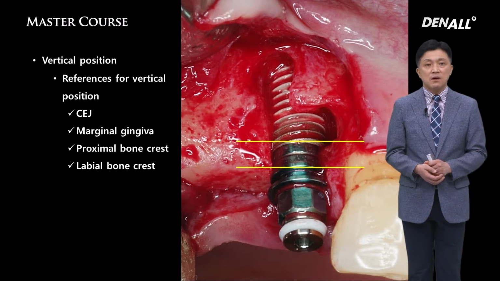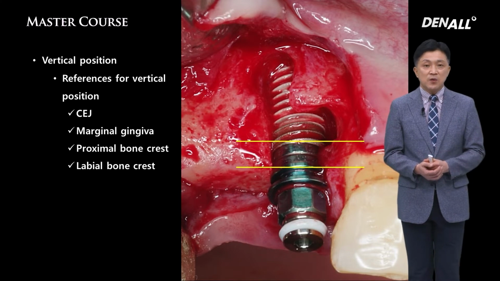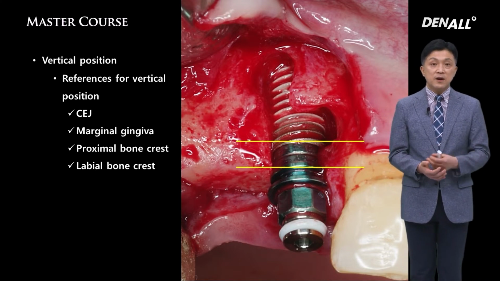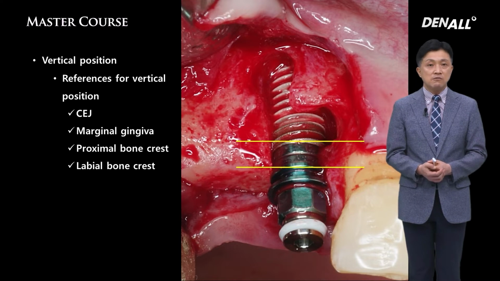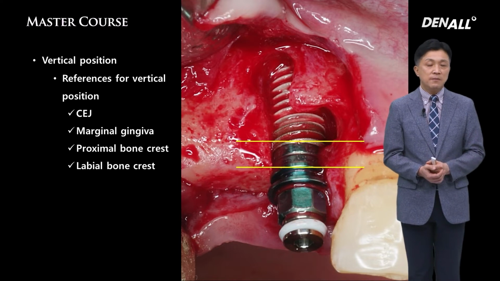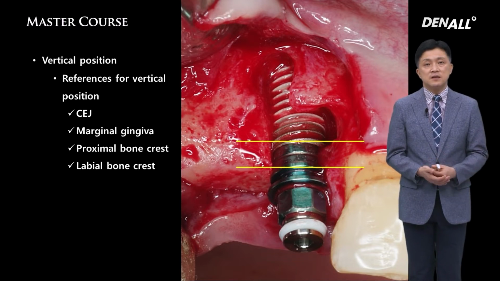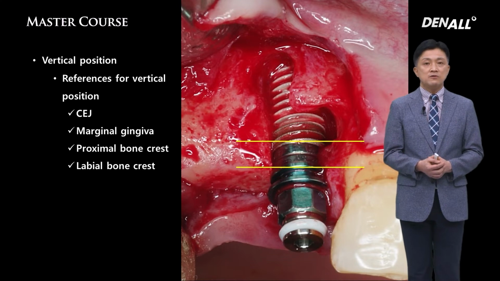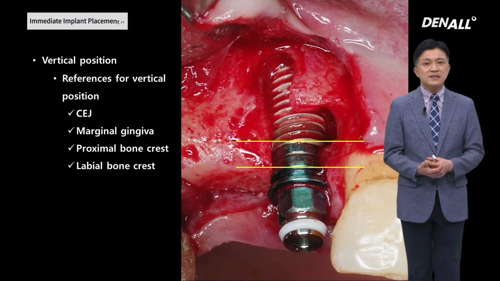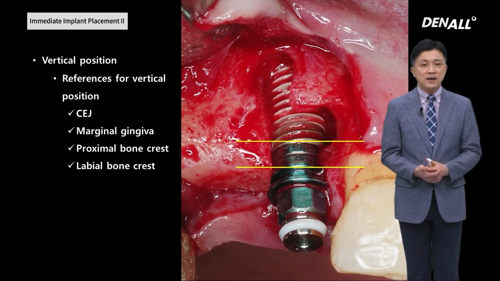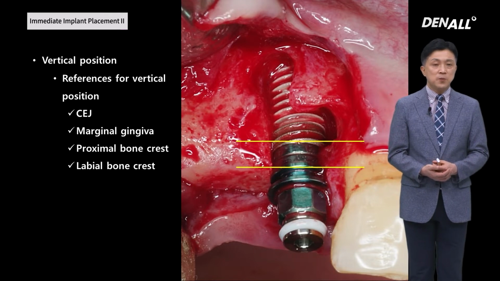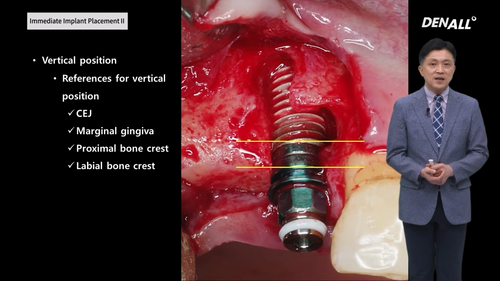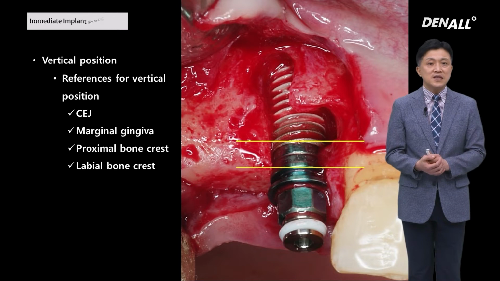In the case of marginal gingiva, when we elevate the flap, you cannot reference it. In the case of labial bone crest, if there is damage to the labial plate, you cannot use it as a reference. In most cases, the reference which we can use most stably is proximal bone crest.